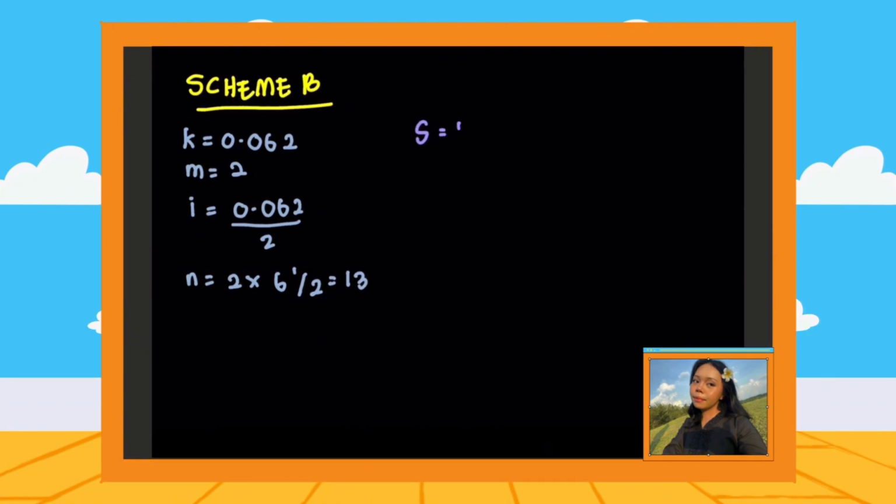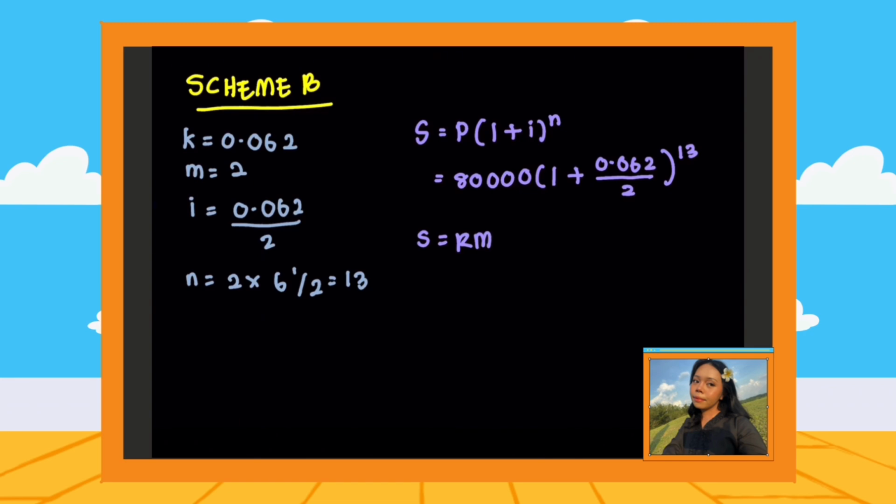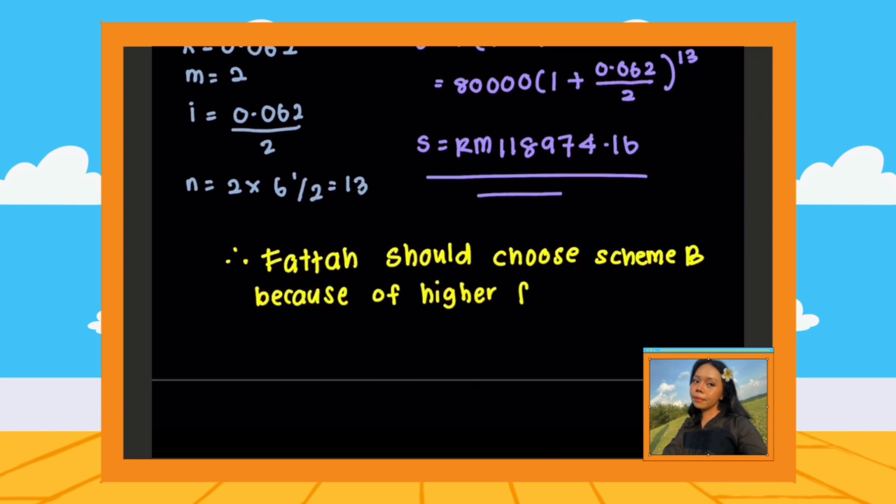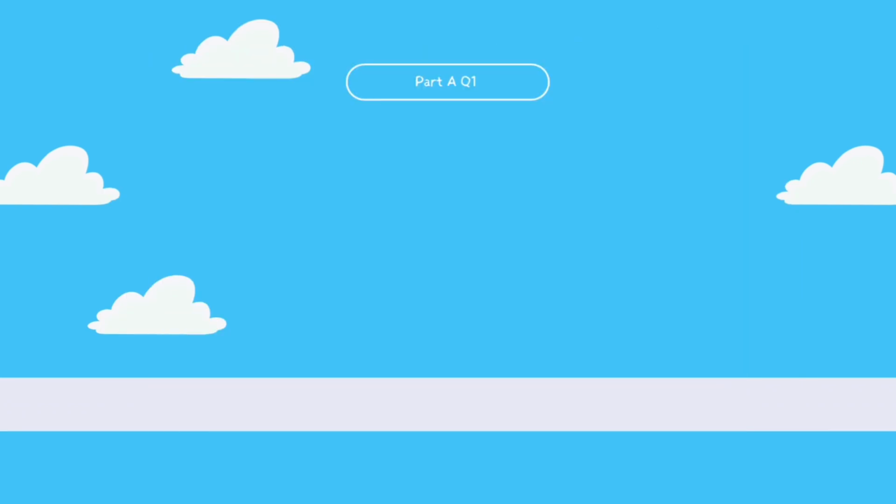The formula for N is M multiplied by T. So just insert it in the same formula, where I is 0.062 over 2, and the N is 13. And you will get 118,974.16 ringgit. So to conclude, Fatin should choose scheme B because of the higher future value.